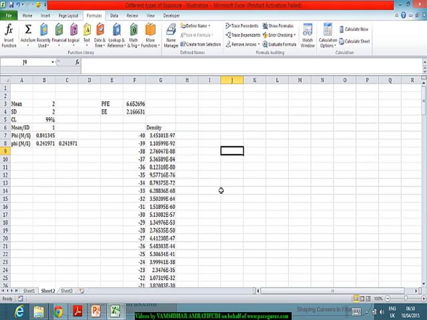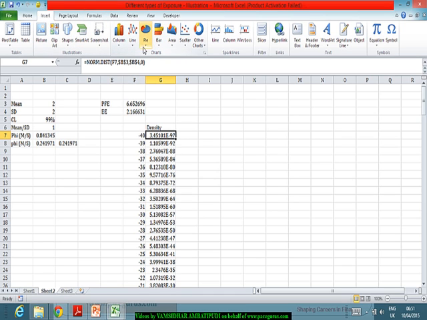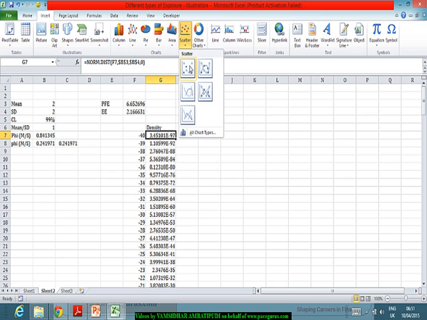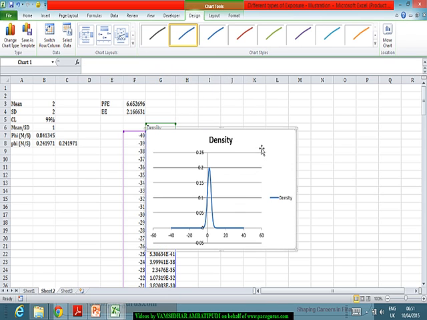Now what I generally want to do is a simple scatter plot with this, plotting this on the x-axis and this on the y-axis. So I'm doing a smooth scatter plot like this.